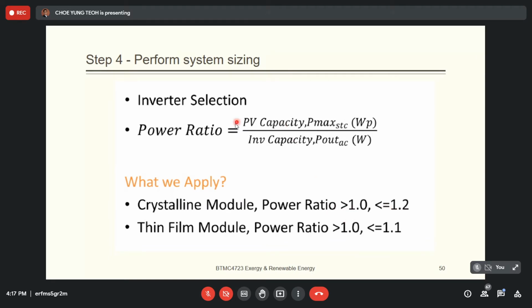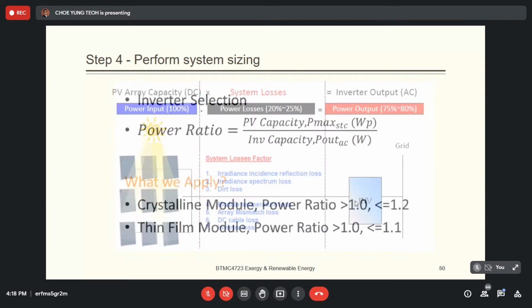PV capacity is very close to inverter capacity. So in other words, you will not fully utilize your inverter, because we expect the loss already, but now you still adjust it very close to 1. But if you make it close to 1.2, yes, you will always fully utilize your inverter.